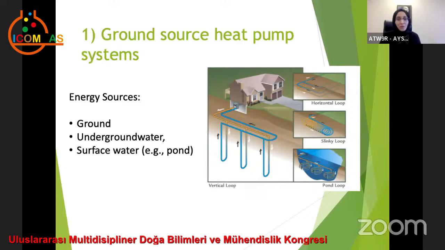When we use the ground, which has a constant temperature environment, you can get more efficient energy. Usually, if you have enough space, we can use a horizontal loop, but if you don't have any space, you can use a vertical one. This picture shows the type of borehole that we use in this system.